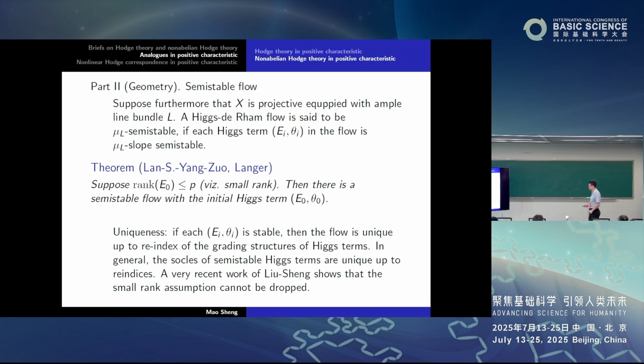Then there is a semi-stable flow with the initial Higgs term. That means you can start with a semi-stable Higgs bundle with a small rank, then you can keep flowing it such that every Higgs term is slope semi-stable. And this flow is essentially unique.